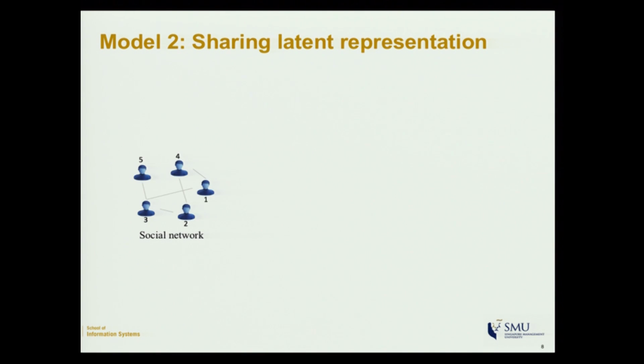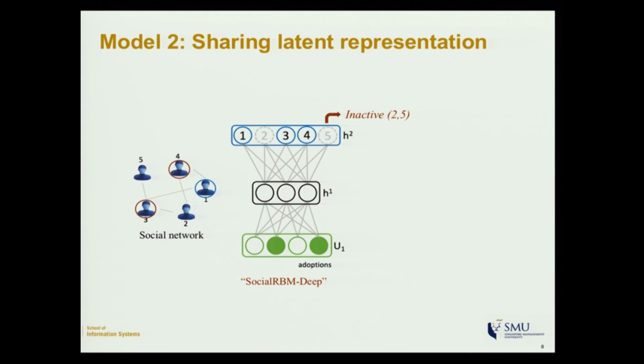Let me give an example to clarify the idea of the second model. Say I have a simple network of just 5 users, and the first user has connections with users 3 and 4. We rely on the DBM structure. At the bottom is still the visible layer for user 1, and all the users still share the middle layers.